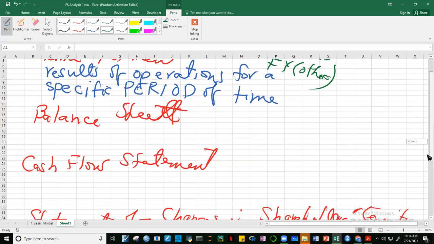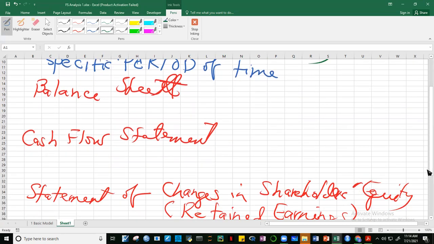The balance sheet tells us, what is the balance sheet? It's actually a snapshot. Snapshot of the, okay, thank you, Gab. It consists of the assets, liabilities, and shareholders' equity.